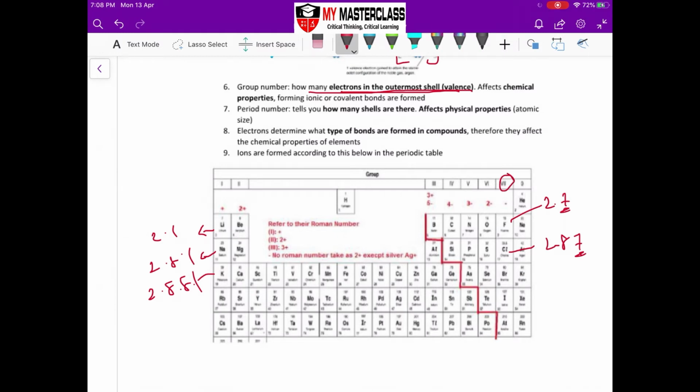So group 1 has one outer electron. Group number is ultimately important, it tells us how many outer electrons there are. It will affect the chemical properties.